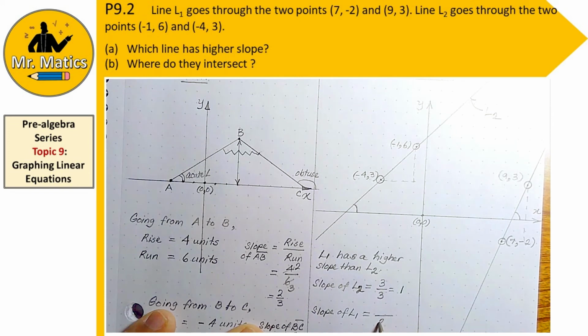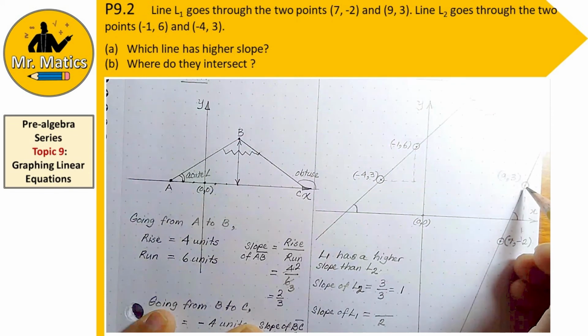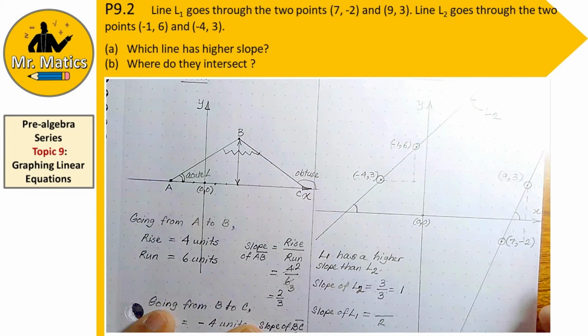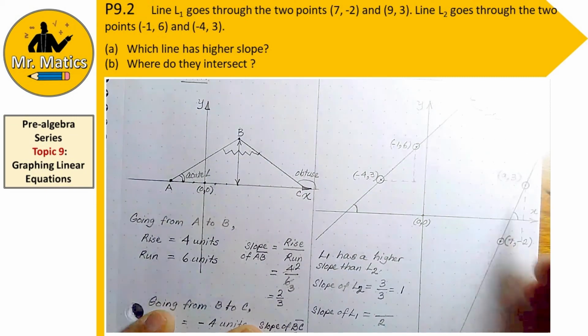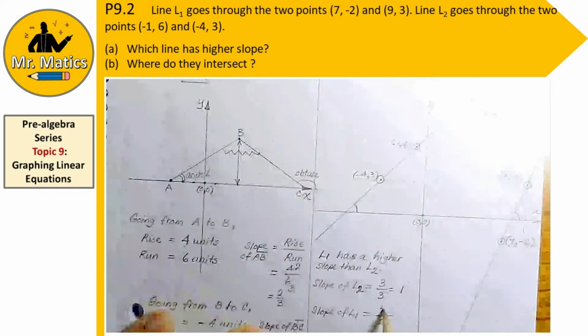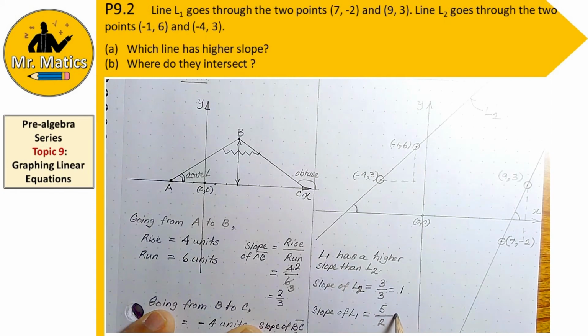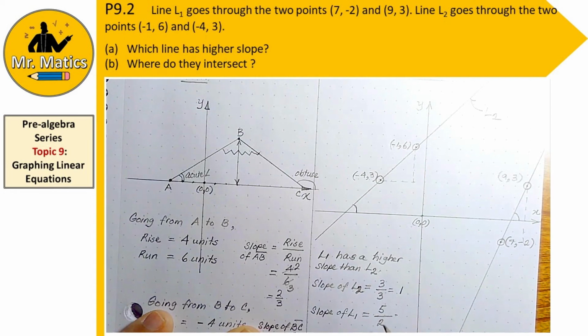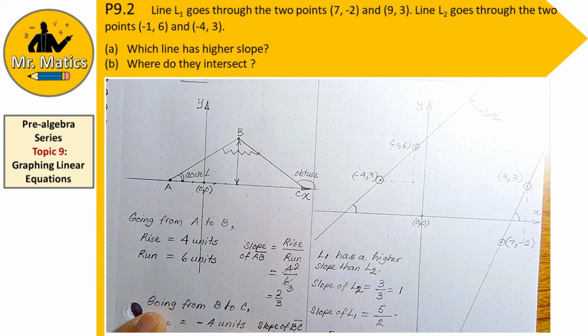Run is 2 units, and the rise is, let's calculate the rise from minus 2 units to plus 3 units. So the difference will be 5 units. So this is 5 over 2. Okay, so you can leave it 5 over 2, and you know that 5 over 2 is 2.5, which is greater than 1.